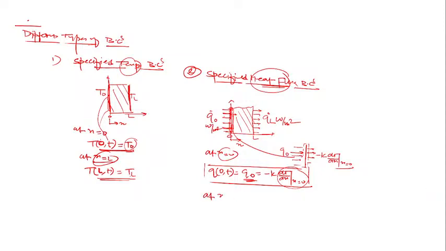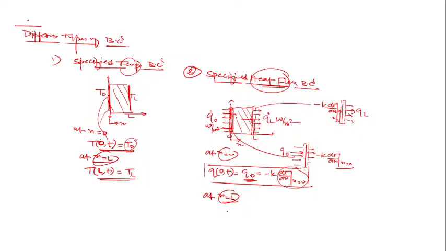Similarly, at x equal to L, come to this surface. Whatever heat is transferred in the solid via conduction, minus K into dT upon dx at x equal to L, is equal to the heat transferred by the constant surface heat flux.